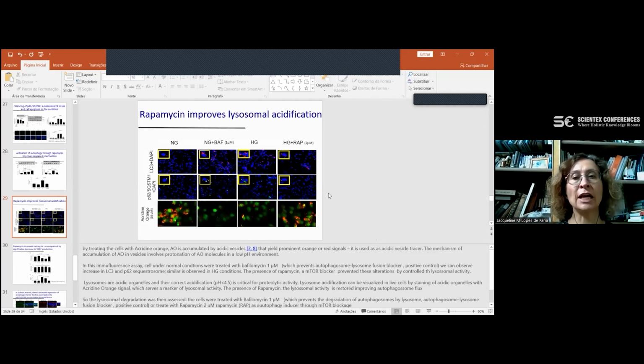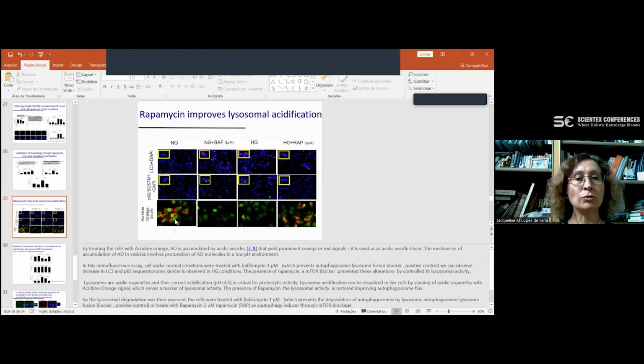To better understand how rapamycin could improve the autophagy flux in cells under high glucose condition, we used, not as a treatment but as a tracer, acridine orange, which marks organelles in very low pH.